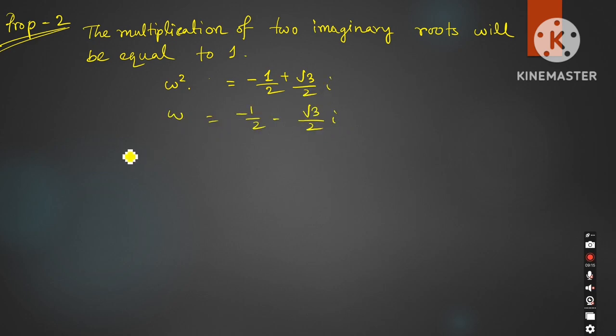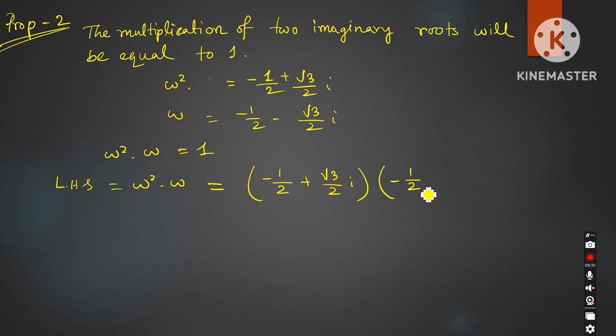So at first we take LHS. LHS equals omega square into omega, and we are going to multiply it by the standard method: minus half minus root 3 by 2i into minus half plus root 3 by 2i. So the formula stands for a plus b and this is a minus b.